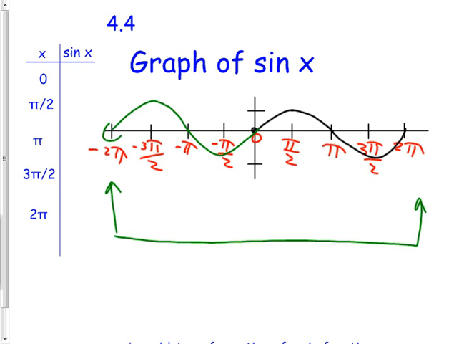Okay, so the x-intercepts would be here, here, here, here, and here. And so x-intercepts are where y is 0. So if I wanted to say what this x-intercept was right there, I would say it was at something comma something, and if it's an x-intercept, y is 0. Negative pi comma 0. That's that spot right there. All right? Yes, ma'am.